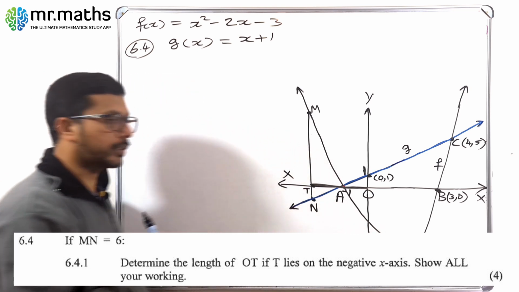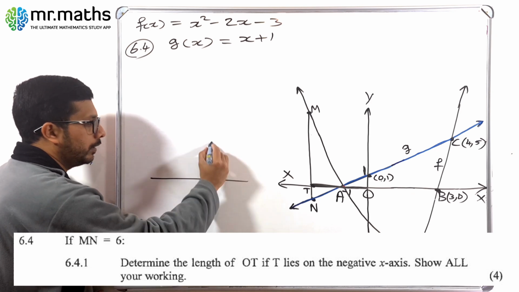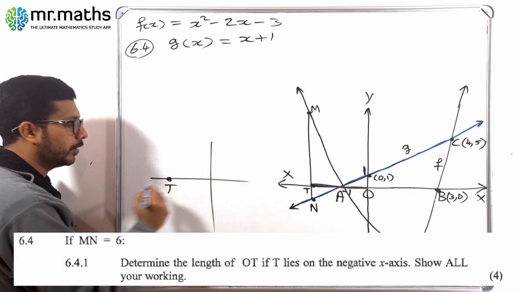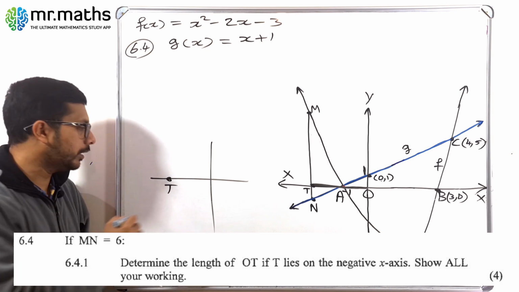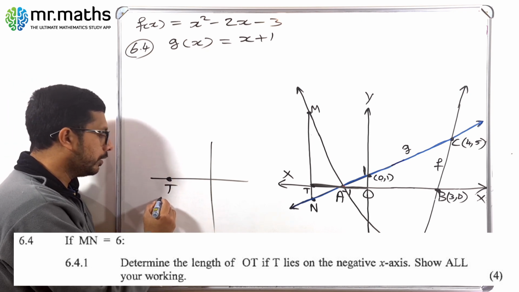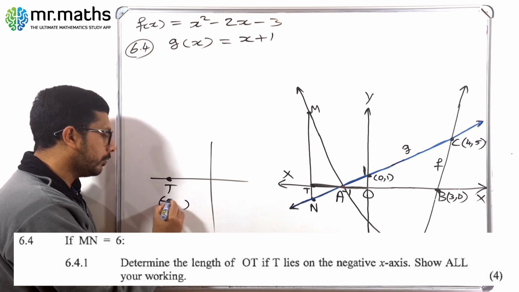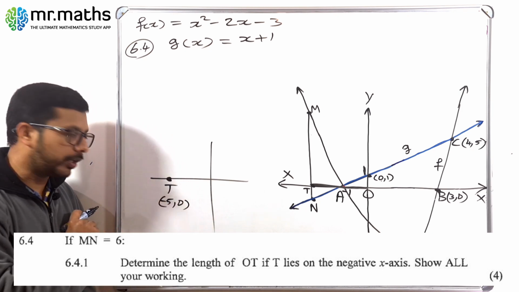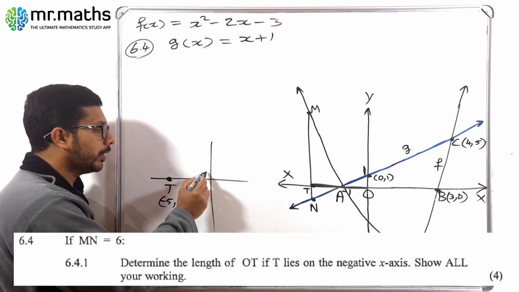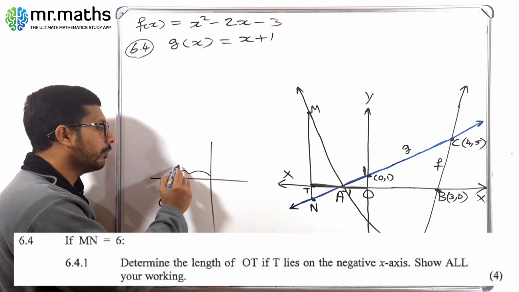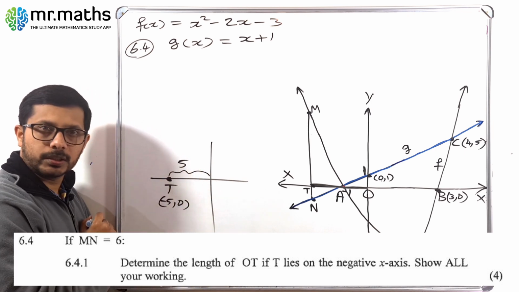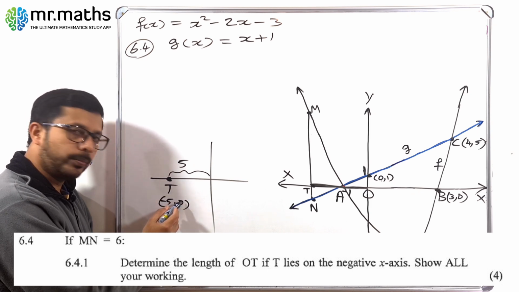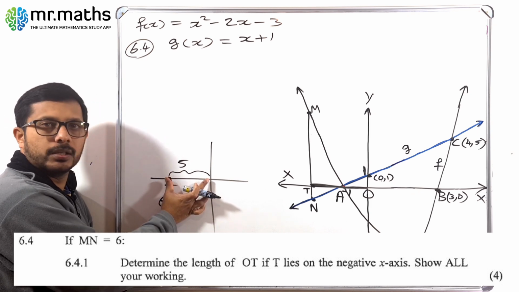If you want to find this distance, once you know the x value here, listen very carefully. Assume that this is the point T. If I say the coordinate of this point is minus 5 comma 0, then what is the meaning of that? This distance is 5 units, because if the coordinate is minus 5 comma 0, then the distance is 5.